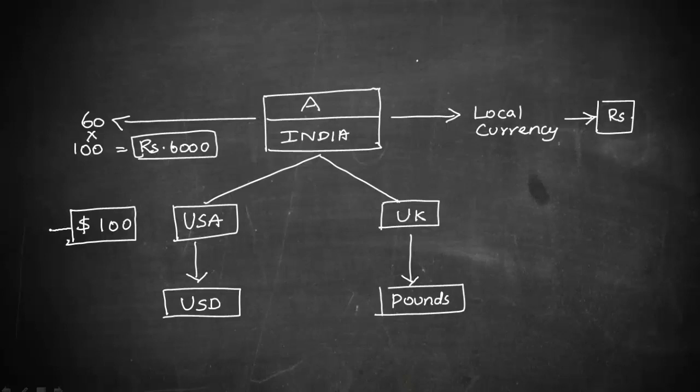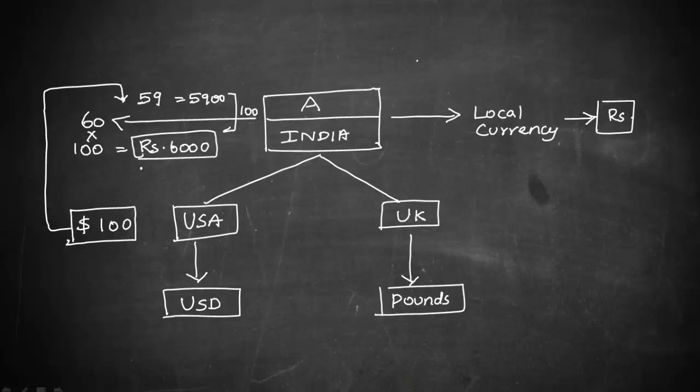But when it reaches India and he converts that US dollar to his local currency, it would be converted at the rate applicable on that particular date. Say on that date the US dollar becomes 59, then he is going to get only 5,900, he is losing 100.